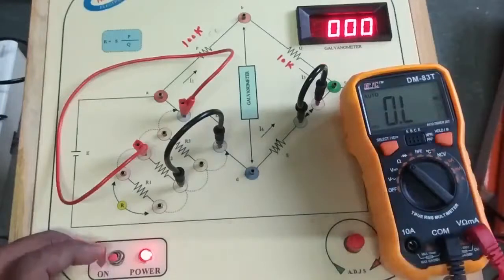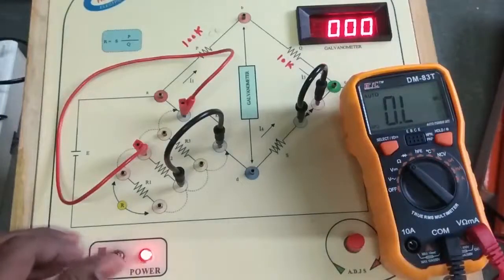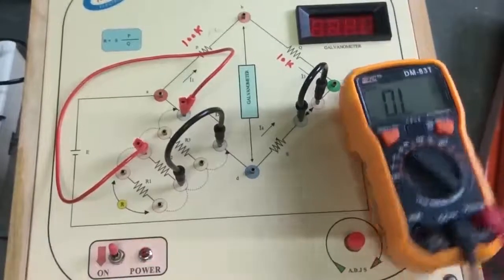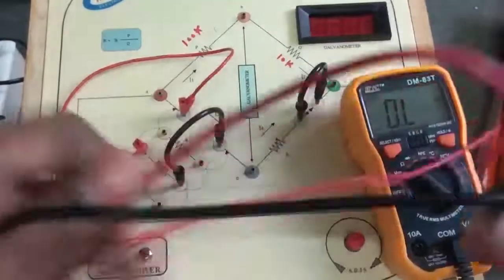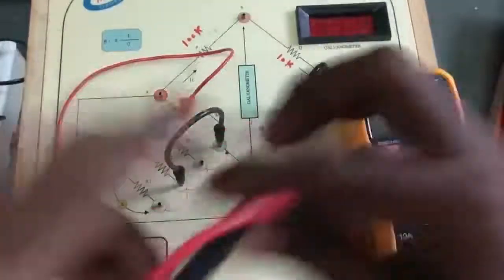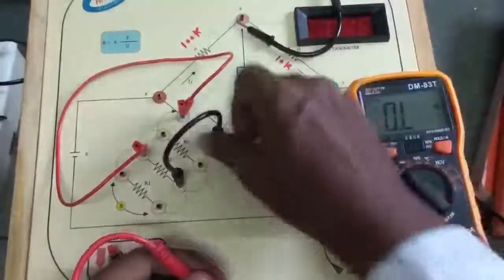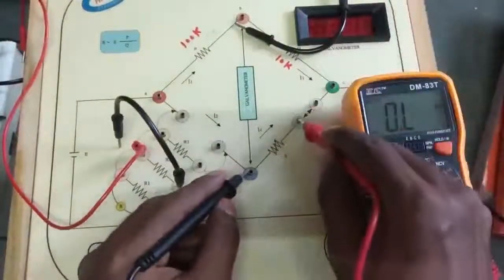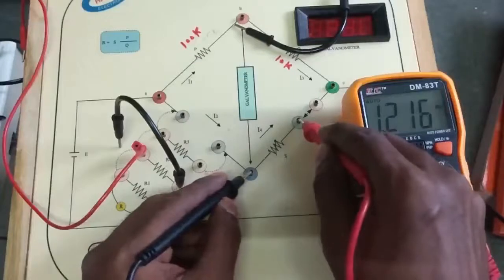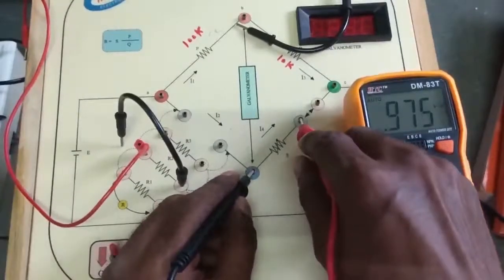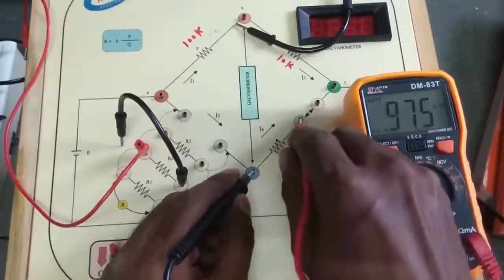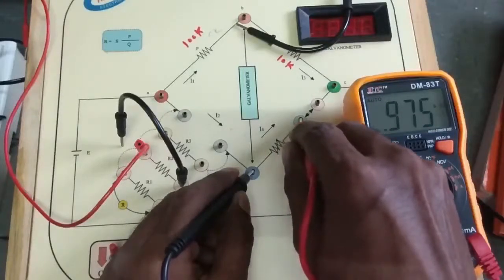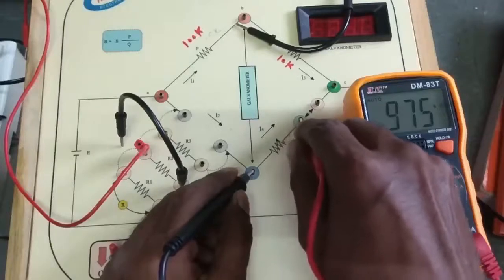See, now the circuit is balanced. Now again we will switch off the supply and measure the standard resistor with the help of the digital multimeter. We will remove this and this also, and we will measure the variable resistance. Now it is nearly about 1K.